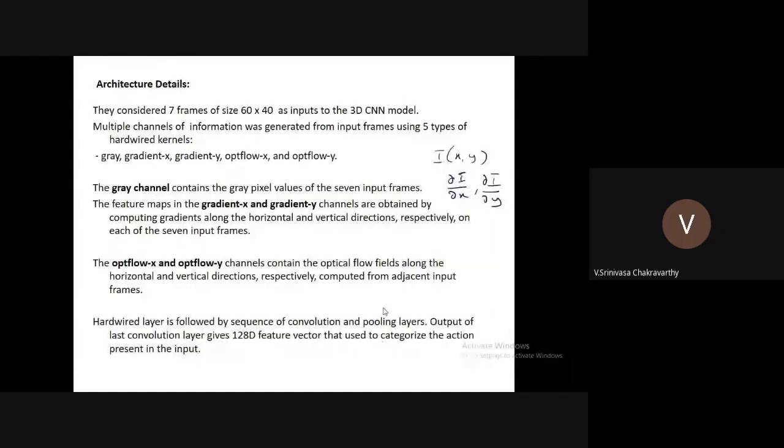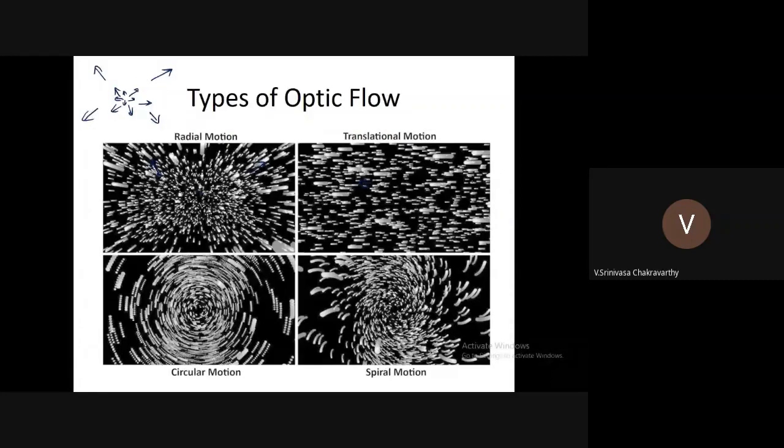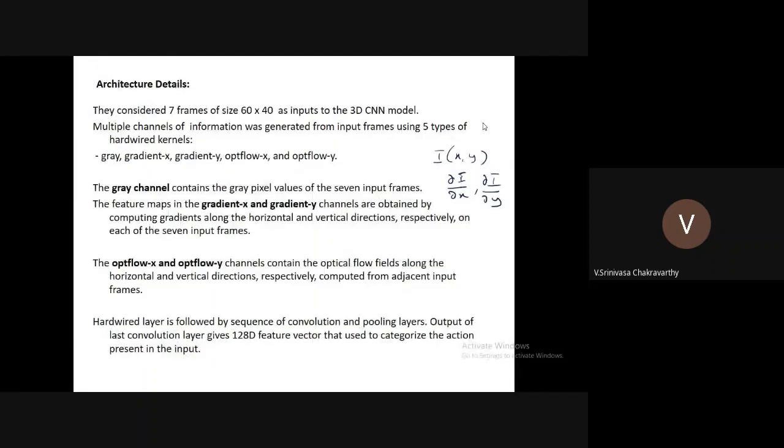So here they compute only two kinds, optic flow in X and optic flow in Y. So the translation motion example here is like optic flow in X. Similarly, you can have all the dots moving in the vertical direction, which is optic flow in Y. So there's a way of computing this from a video. I'm not going to go into that.